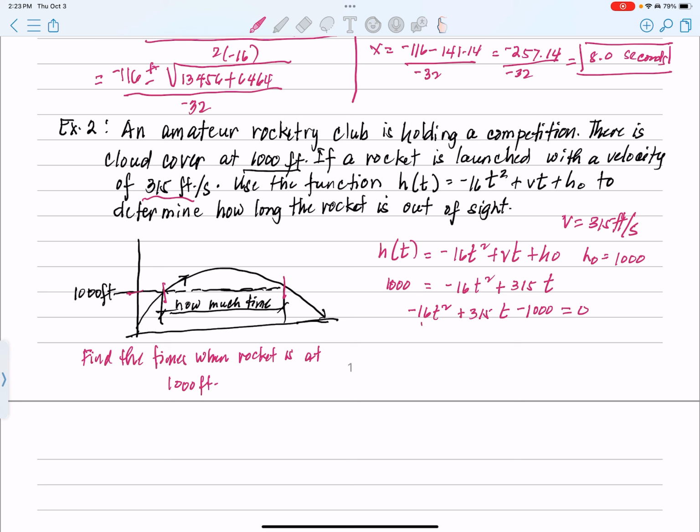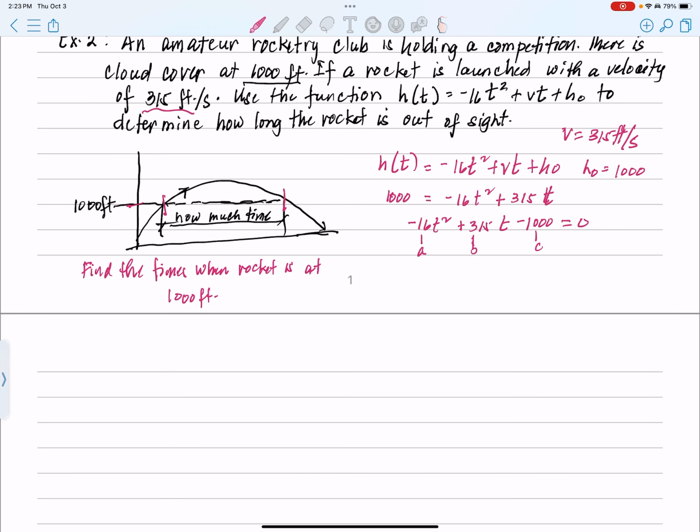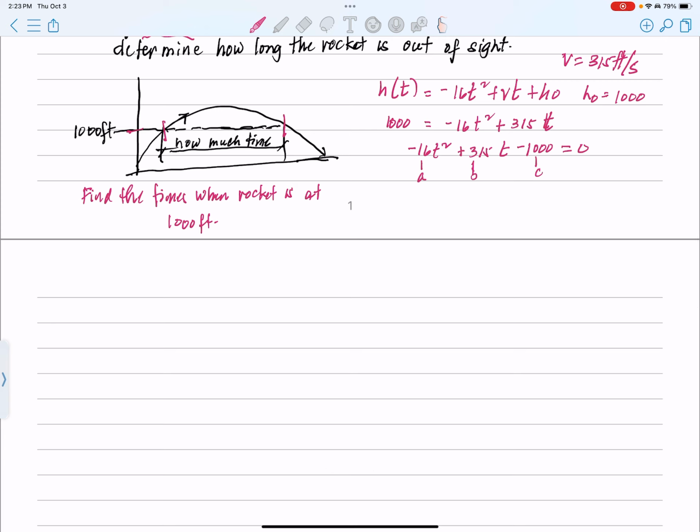Okay, this is your A, this is the B, and this is the C. Using the quadratic formula, t equals negative B, so negative 315, plus and minus the square root of 315 squared minus 4 times A, negative 16, times C, negative 1,000, overall 2 times negative 16.